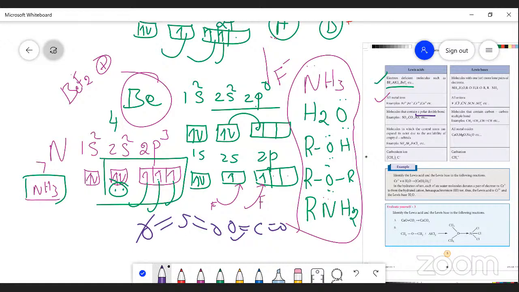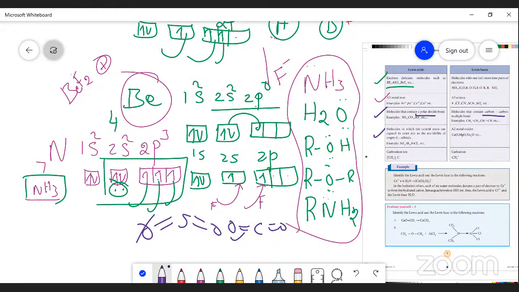Whereas molecules that contain carbon-carbon multiple bonds, like ethylene and acetylene, act as a Lewis base.